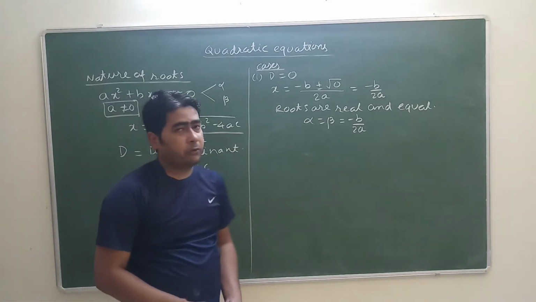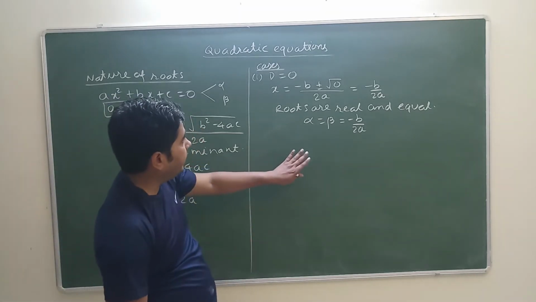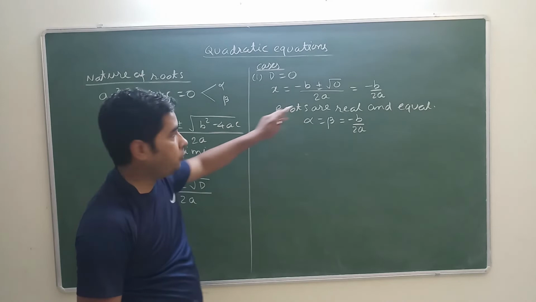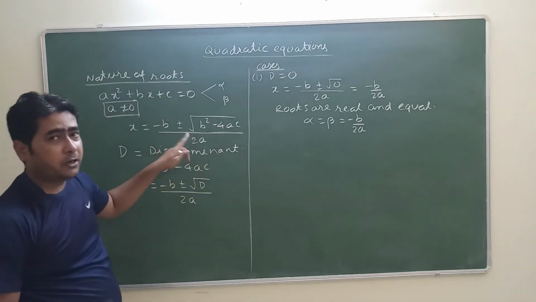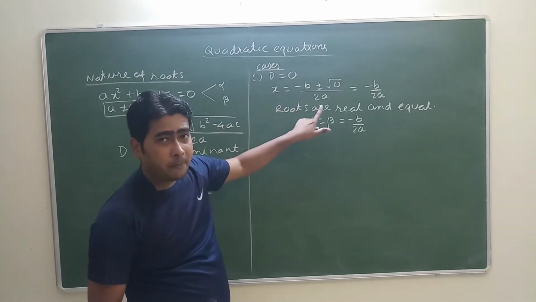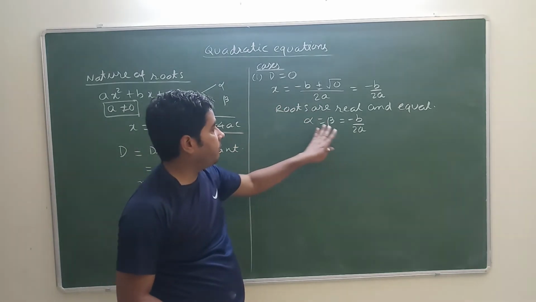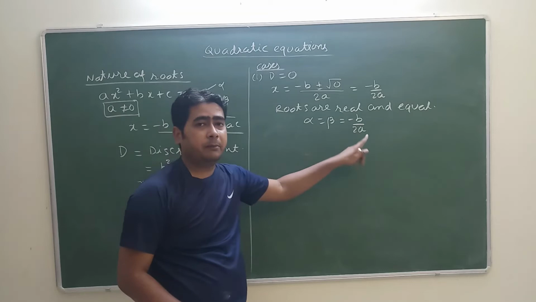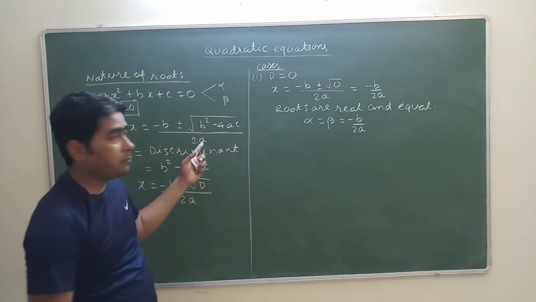Suppose for any given equation, if you have calculated the value of D already, you don't need to apply this complicated formula. You can directly write alpha and beta both equal to minus b by 2a. You don't need to apply this formula again.